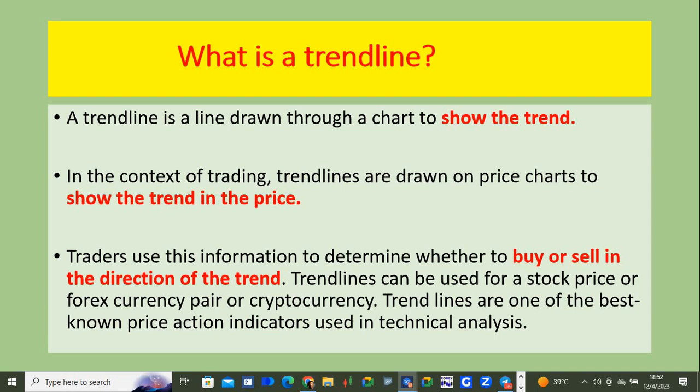Okay. So this information helps traders to determine whether to buy or to sell in the direction of the trend. The trend line can also be used when you are trading currency pairs and cryptocurrency pairs.